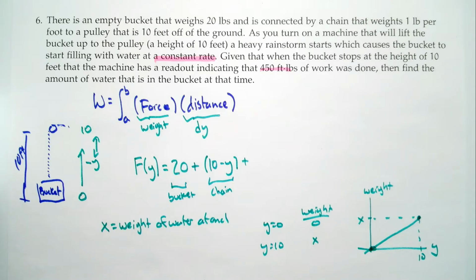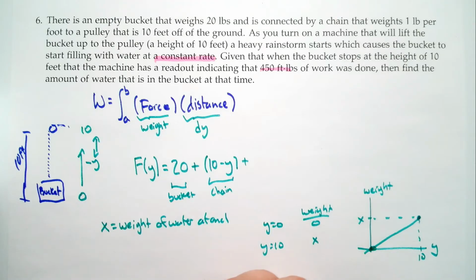So what? Well, at y equals 0 the weight would have value 0, and at y equals 10 it's x. What's the slope of this line? X over 10, right? Because you went up by x, you went over by 10. What's the y-intercept? 0. So we now have the slope is x over 10.